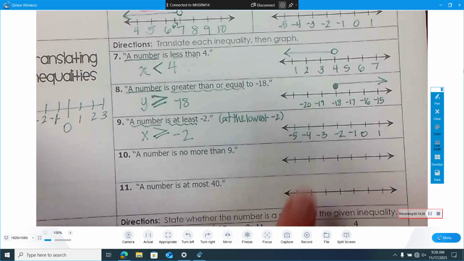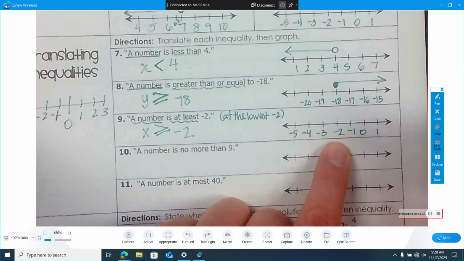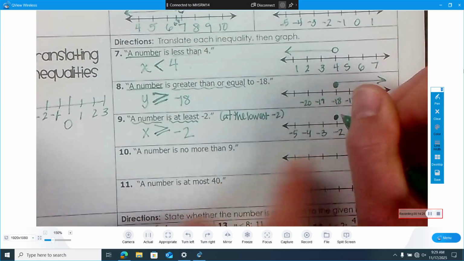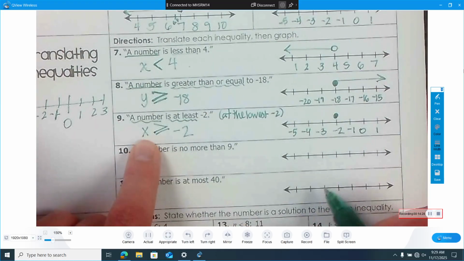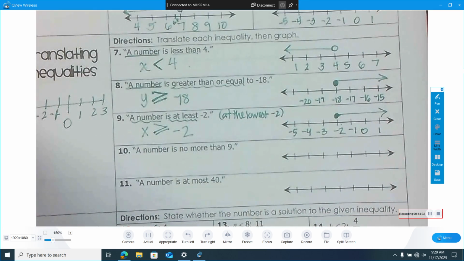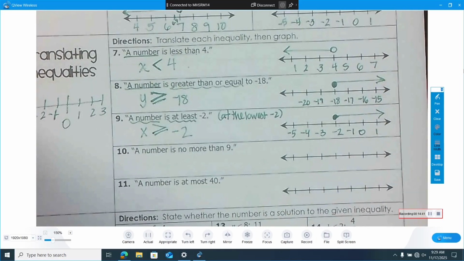All right, so at negative 2, do we use the open or closed dot? Closed dot at negative 2, and we want our number to be bigger than that negative 2. At the very lowest, it's negative 2. All right. Do you have a question for me so far? No? Okay, great.